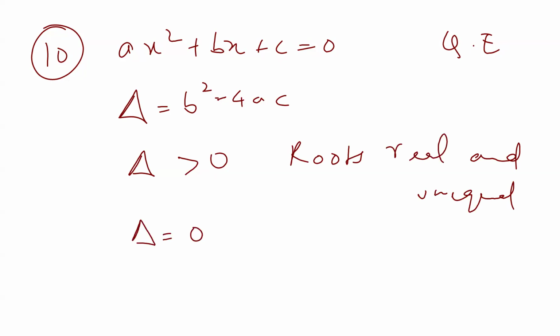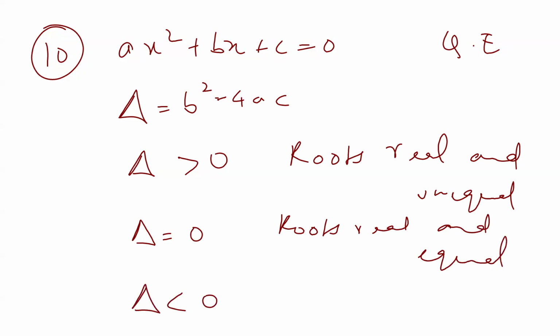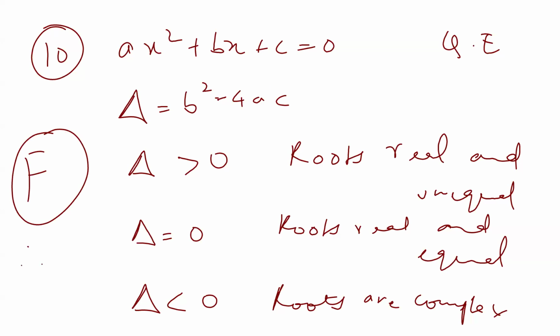Delta equal to 0, roots are real and equal. Delta less than 0, roots are complex, imaginary. So they are saying it will always have two real roots. Not necessary. Hence it is false. Therefore it's a statement.